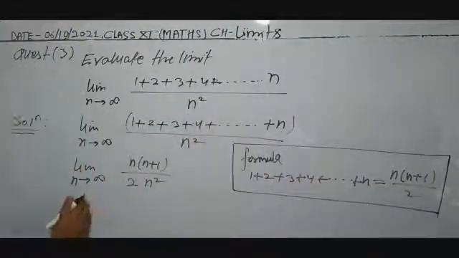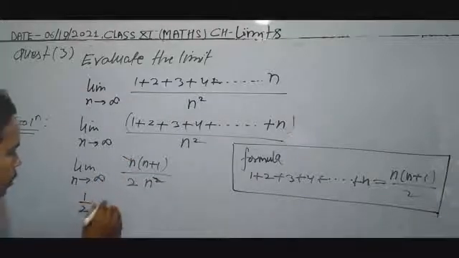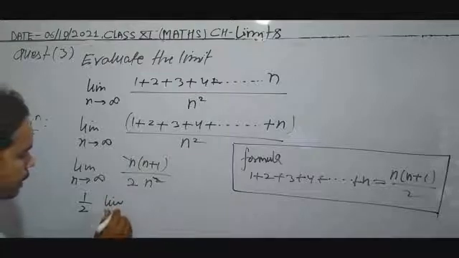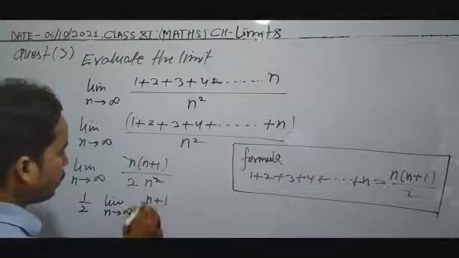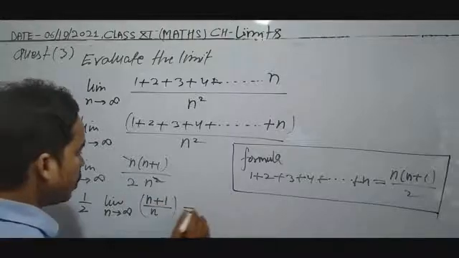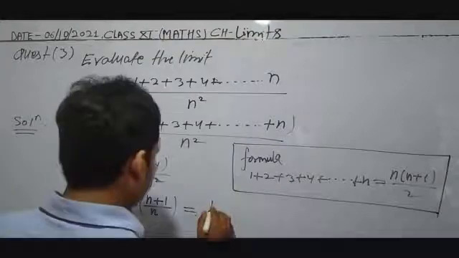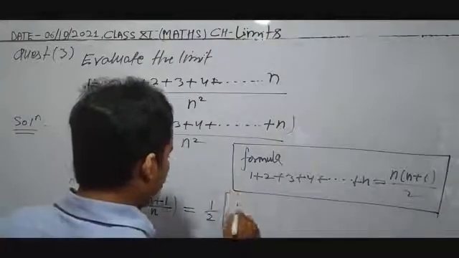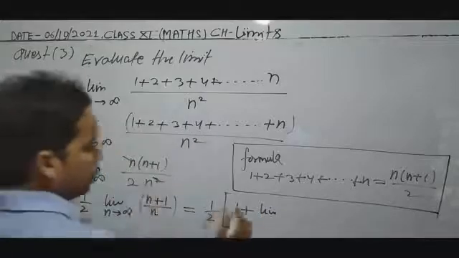Now its result will be, suppose this n is cancelled out, so the result will be 1 by 2 limit n tends to infinity of n plus 1 by n. Now we can write 1 by 2, 1 plus limit, this is n by n and this is 1 by n.